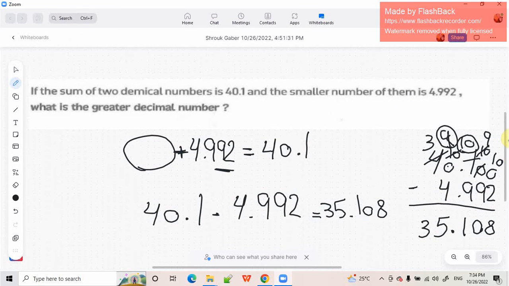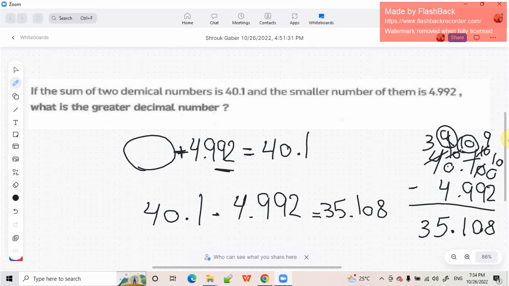Again, let's solve this equation again. If the sum of two decimal numbers is 40.1 and the smaller number of them is 4.992, what is the greater decimal number? How can we find the greater decimal number?